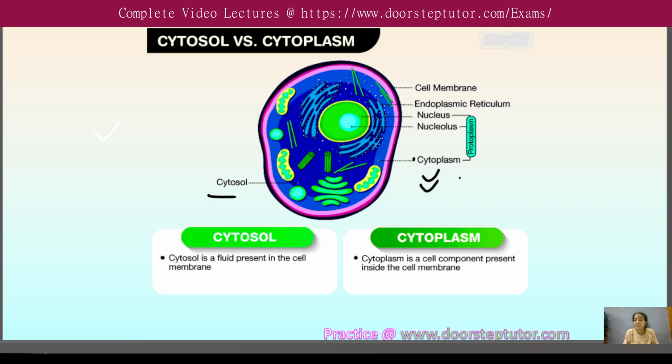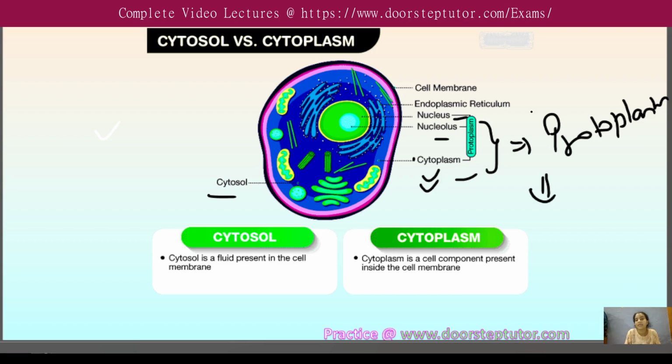But whenever cytosol and nucleus, here you can see nucleus, are included, then we use the term protoplasm. The term protoplasm was first given by the scientist named Purkinje. Purkinje was the first one who used the term protoplasm.